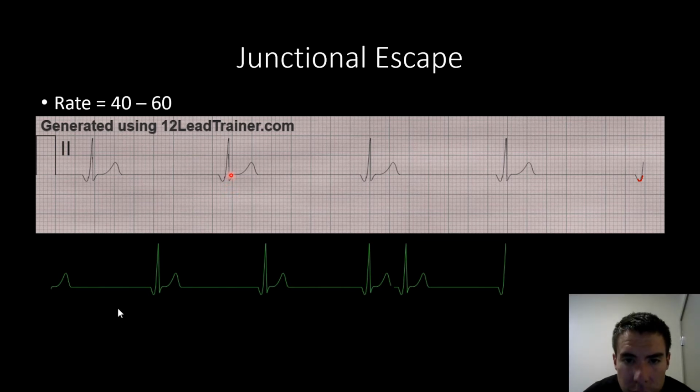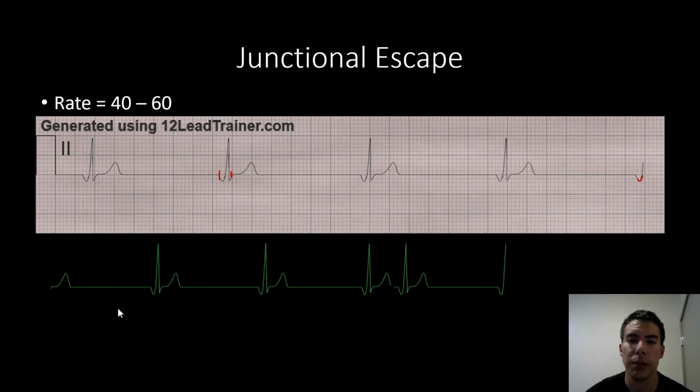So it does look a little bit wide, but it's really just borderline. So like this one goes to there, or from there to there. So that's about like 3-ish boxes, which is 0.12 seconds. So that is borderline of wide QRS, because a normal one is 0.12 or less.